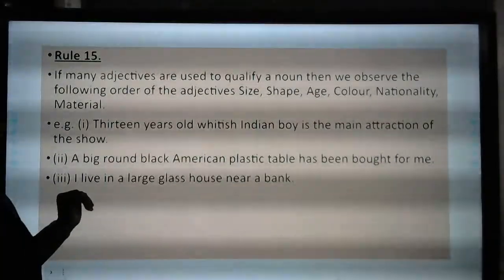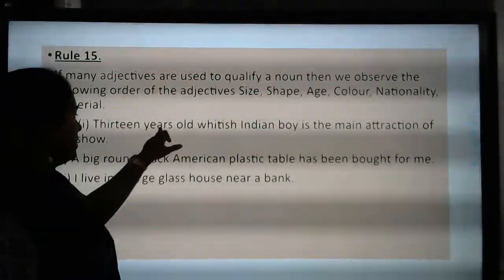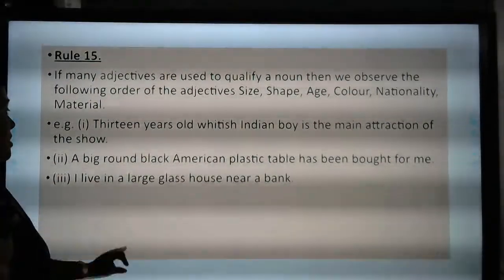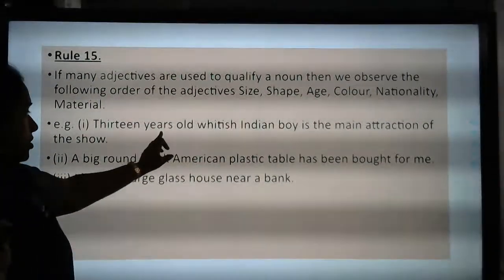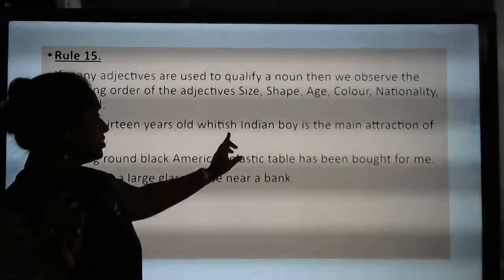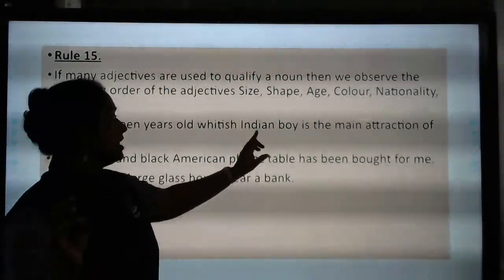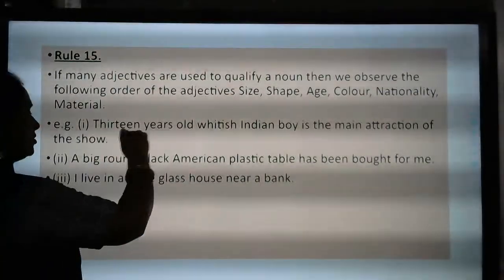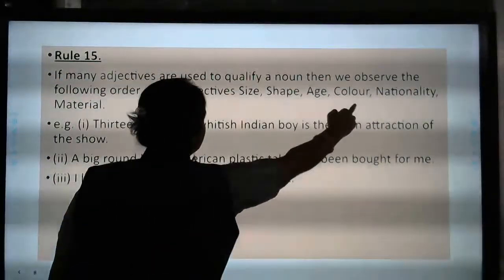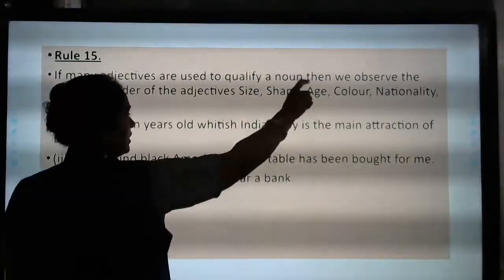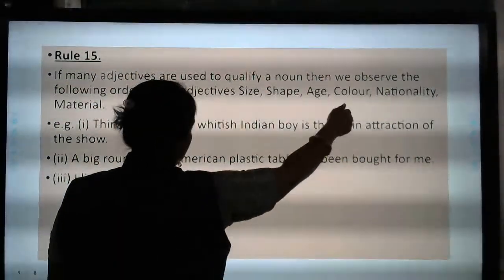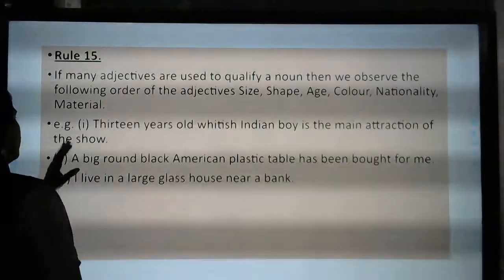So what was the main attraction of the show? All these adjectives are used for the boy. 13 years, age is told, then whitish means color is told, and then Indian means nationality is told. So you have to remember that this type of arrangement must be there.